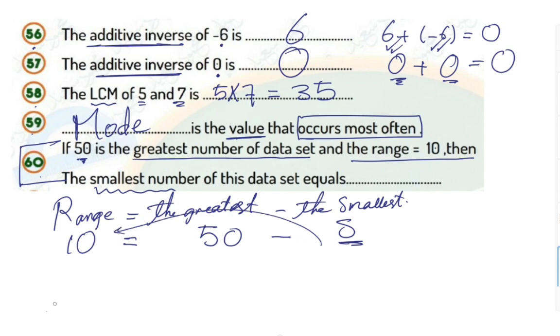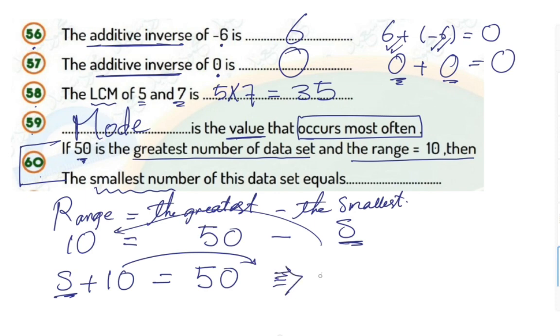Look with me. s plus 10 equals 50. That's easy, right? Now I need s alone here, so I will send this positive 10 to the other side as negative. So this equation will be s equals 50 minus 10, that equals 40.